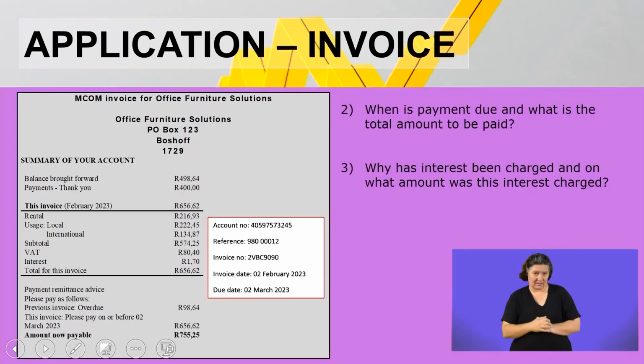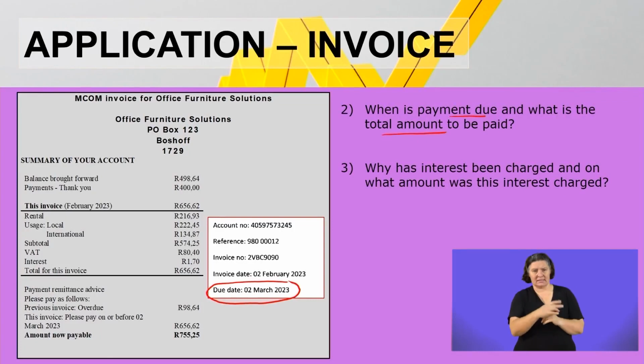Question number 2. When is the payment due and what is the total amount to be paid? Here we can clearly see the due date of the payment is the 2nd of March 2023, and then the amount now payable is 755 Rand and 25 cents. I guess that's also clear to you. And then question number 3.